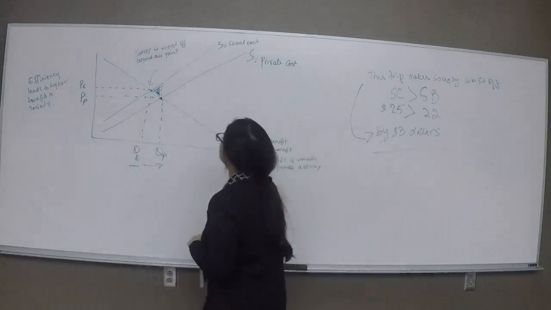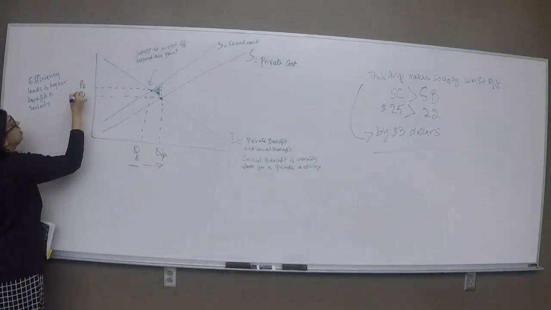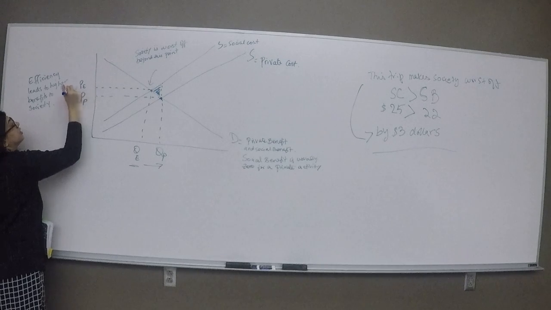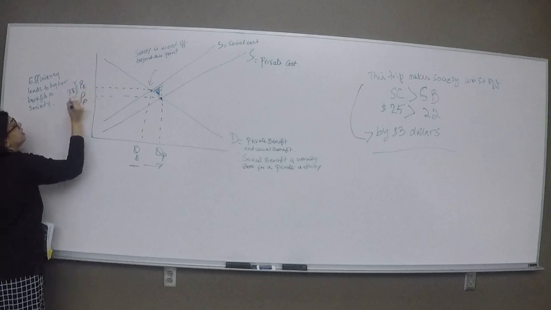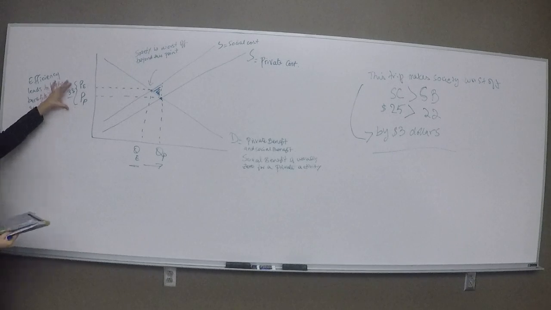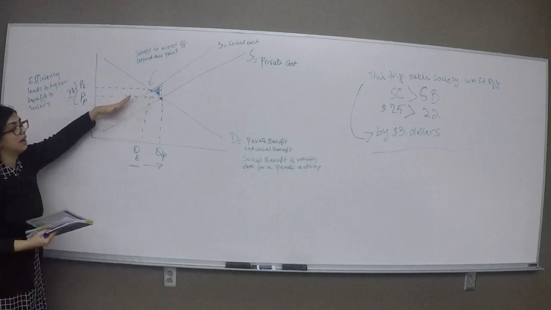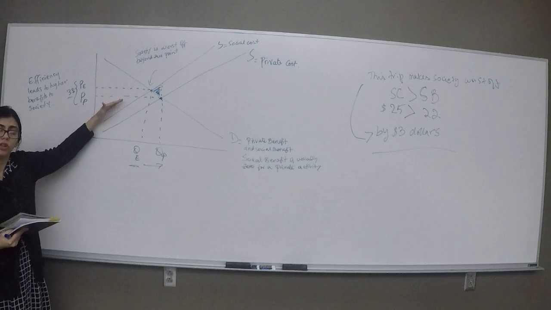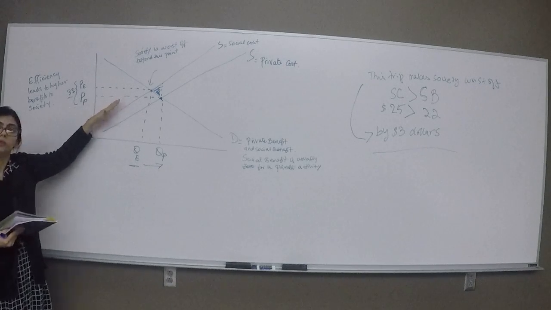So basically it's saying to charge them $3 extra. Charge them $3 extra. It will decrease the supply, so a little bit fewer people will go to Cleveland. Not everybody would be able to go.